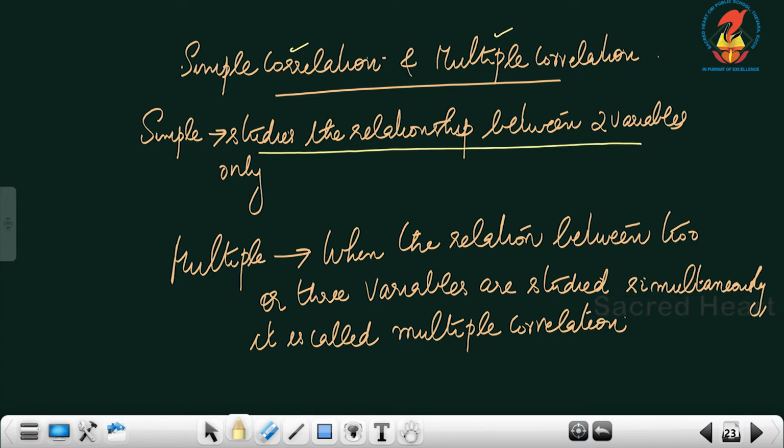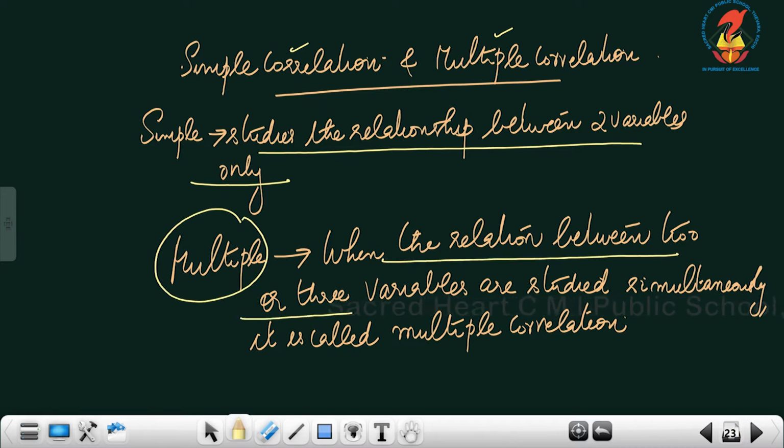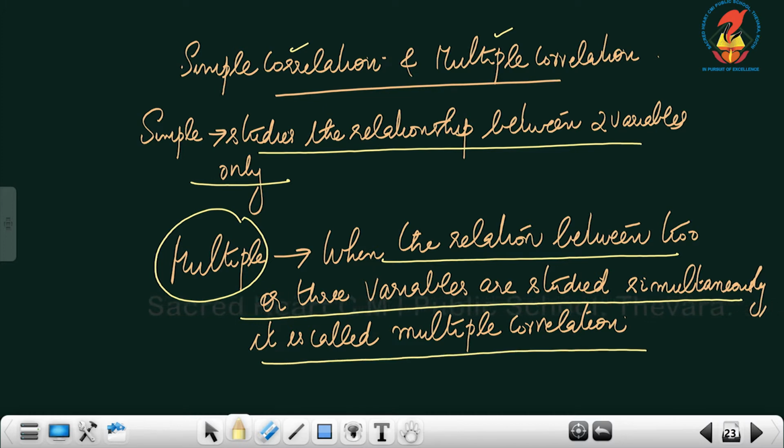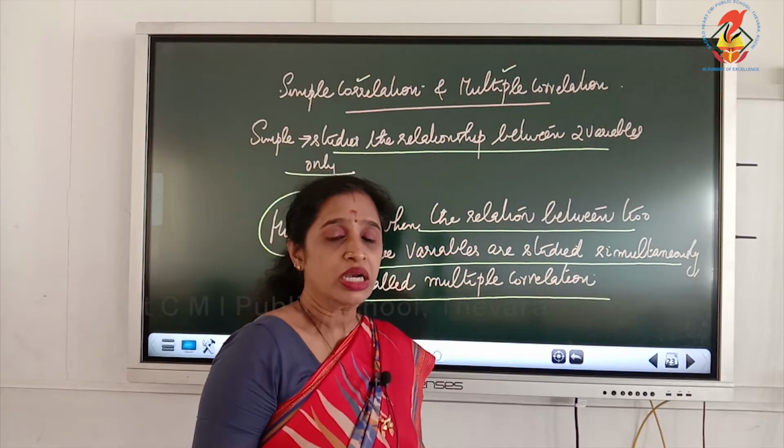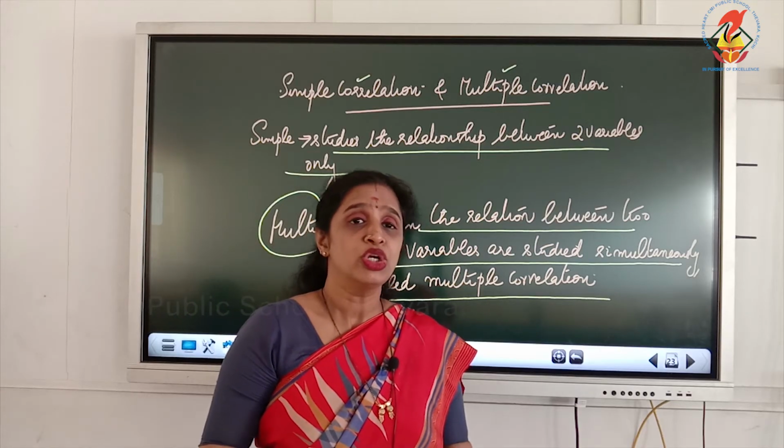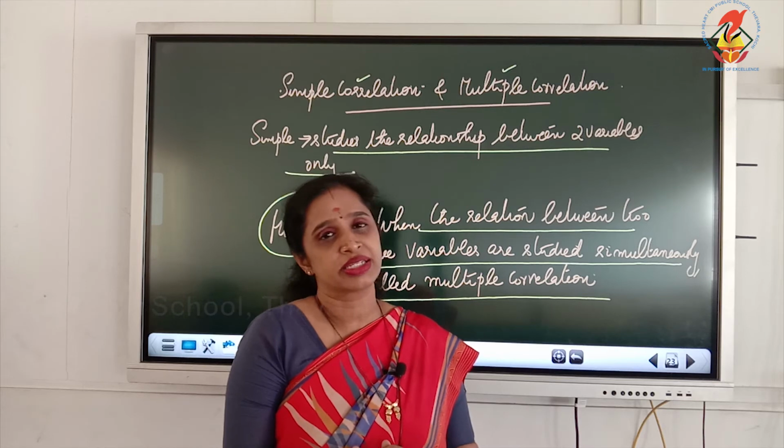It studies the relationship between two variables only. But whereas in multiple correlation, when the relationship between two or three variables is studied simultaneously, it is called multiple correlation.